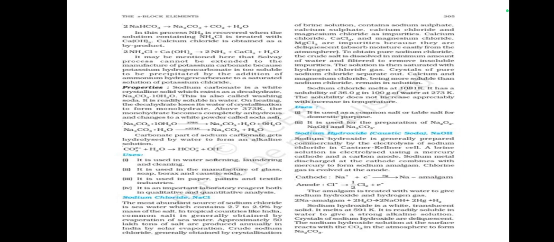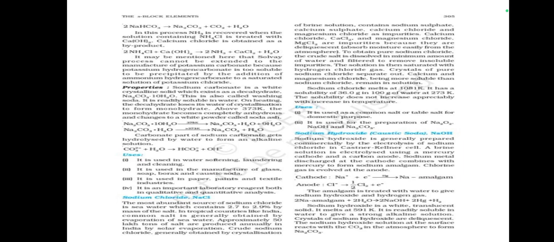Crude sodium chloride, generally obtained by crystallization of brine solution, contains sodium sulfate, calcium sulfate, calcium chloride, and magnesium chloride as impurities. CaCl2 and MgCl2 are impurities because they are deliquescent and absorb moisture easily from the atmosphere.